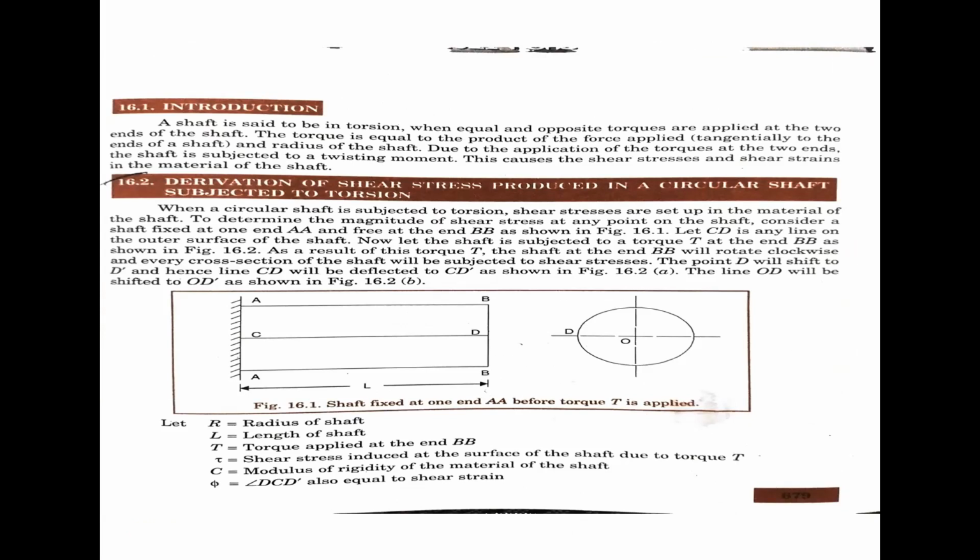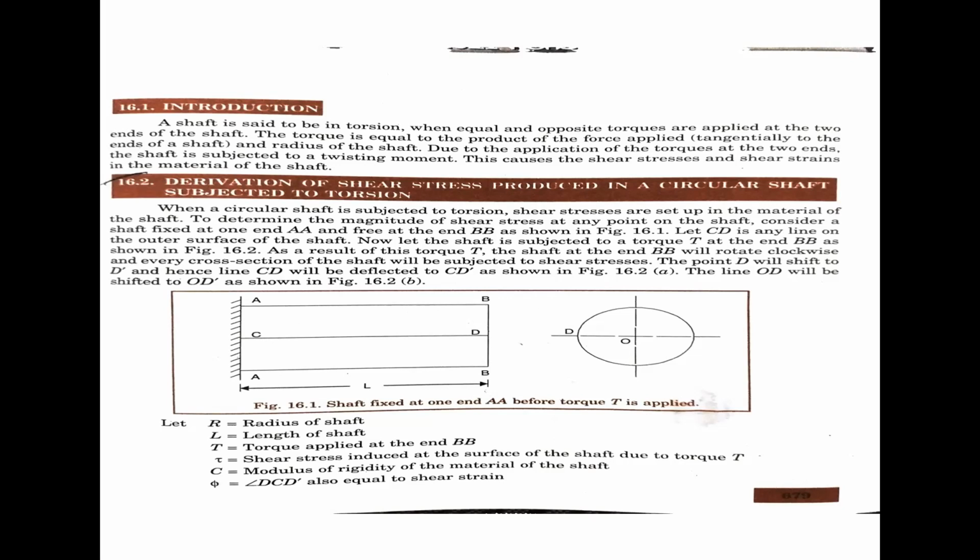T equals the torque applied to the end capital B, that is, the twisting moment. Tau is the shear stress induced at the surface of the shaft due to torque. Capital C equals modulus of rigidity of the material of the shaft.